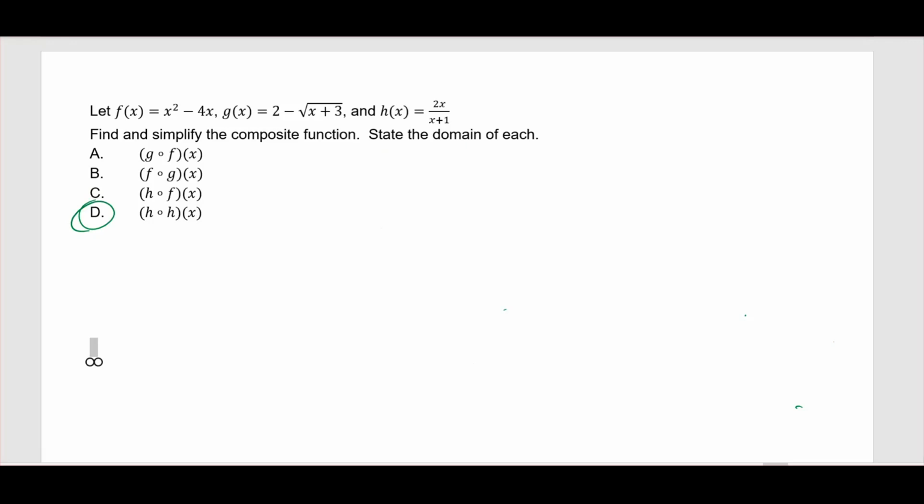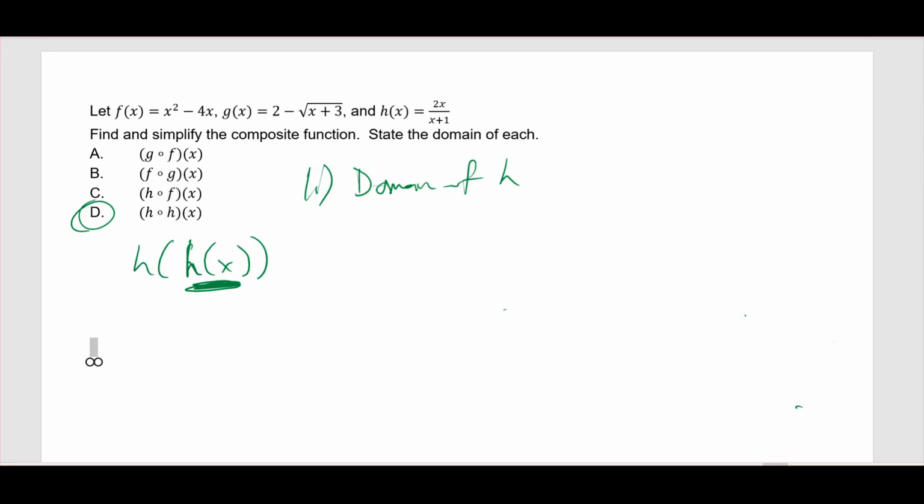We could do this the same way we did it for these other ones. It might be a little weird because both of our functions are h, but we can sure still do it, right? So our first step is we're going to find the domain of h. This is the inside function, right? The h of x, so we're finding the domain of the inside function first.